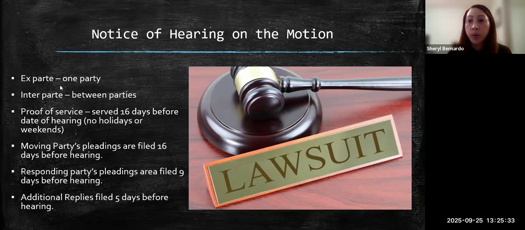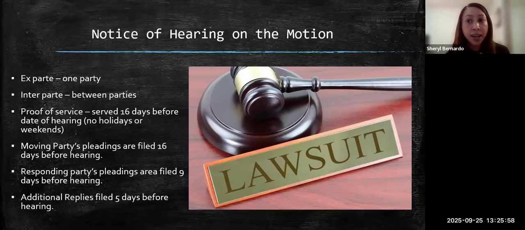And then inter partes is always between two parties. Both parties have to be present for that. In civil court, that's normally how it's done. Otherwise, the judge will probably side with the party that showed up. Proof of service, like I mentioned: you have to get the date, fill out these forms, and serve them on the other party. The other party has to be served 16 days prior to the hearing.